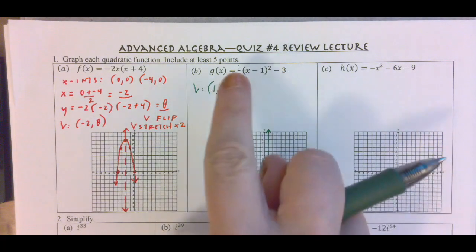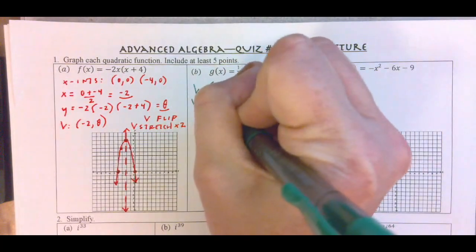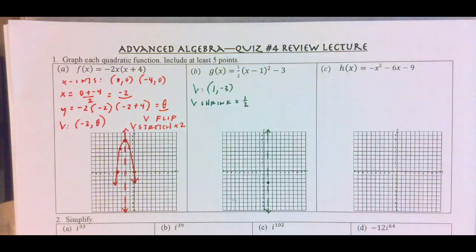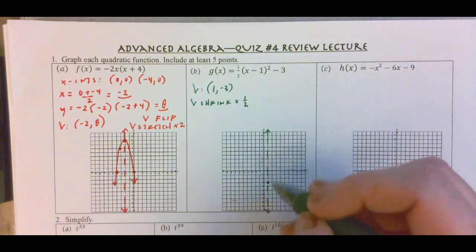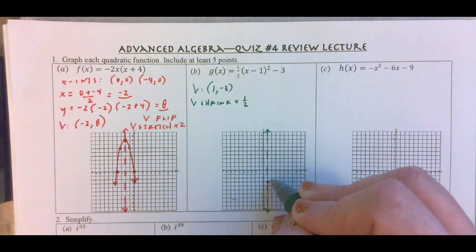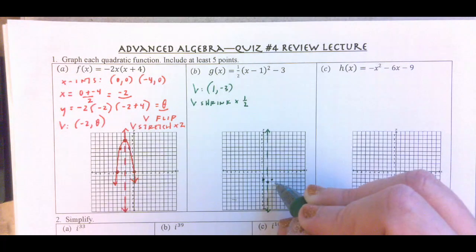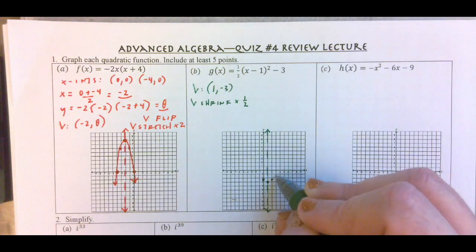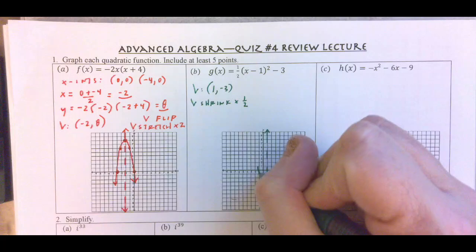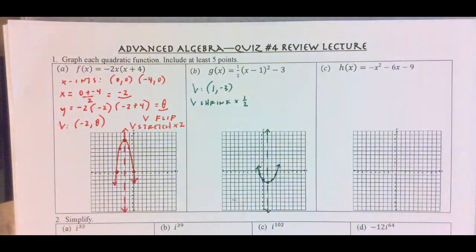I can also see the 1/2 out in front, which means vertical shrink by a factor of 1/2. So building off of that vertex, over 1, normally up 1, but I do half of it. Back to my vertex. Over 2, normally up 4, but I have it go up 2. Connect your dots. Okay, there is my function.